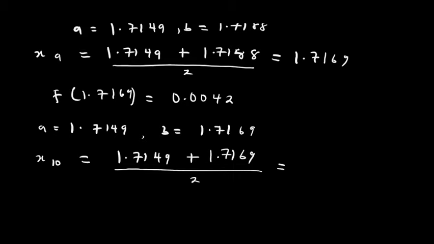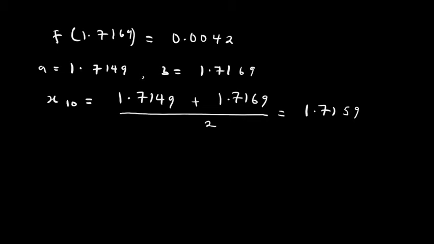This is equal to 1.7159. So f of 1.7159 is equal to 0.0009. This is positive.